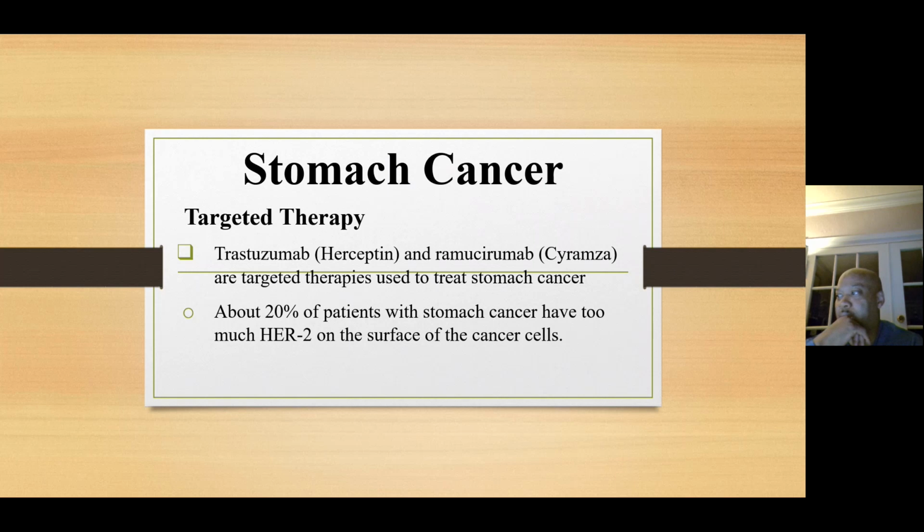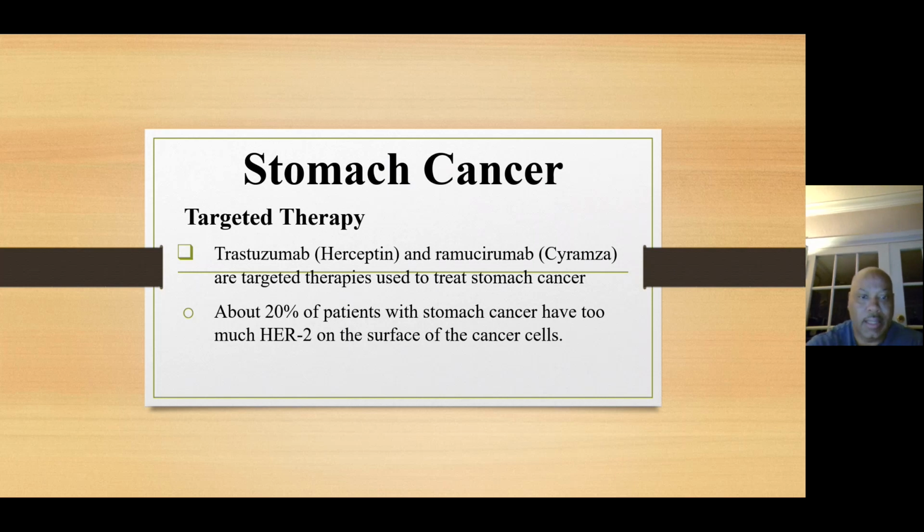Now, about 20% of patients with stomach cancer have too much of a protein, HER2, on the surface of the cancer cell. And of course, the therapies that I just mentioned tend to treat those cancers a whole lot more effectively.